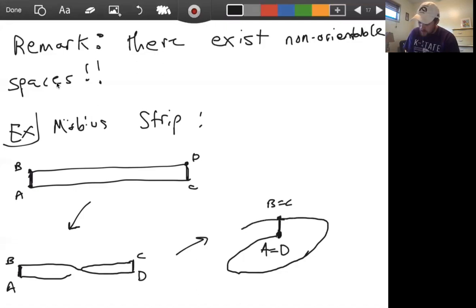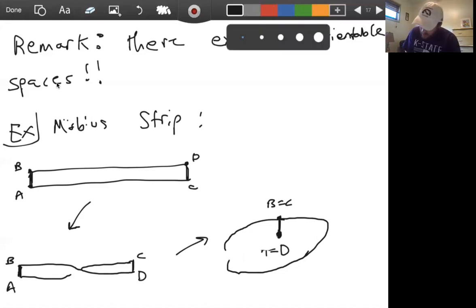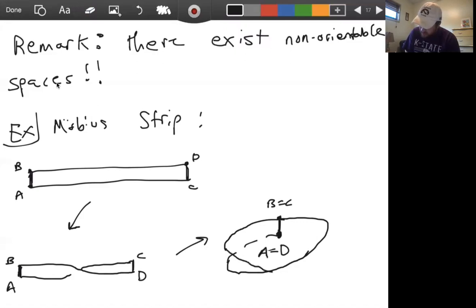And then this comes around. Let me indicate that this is behind. So we have AD, and then this comes over, down like this, and then this wraps back around like this. And you get a loop with a twist in it.